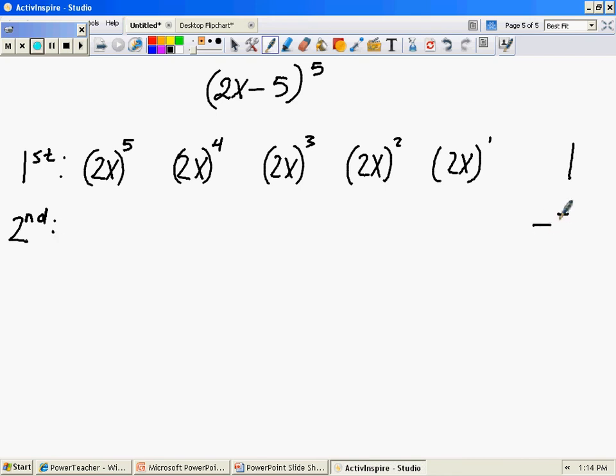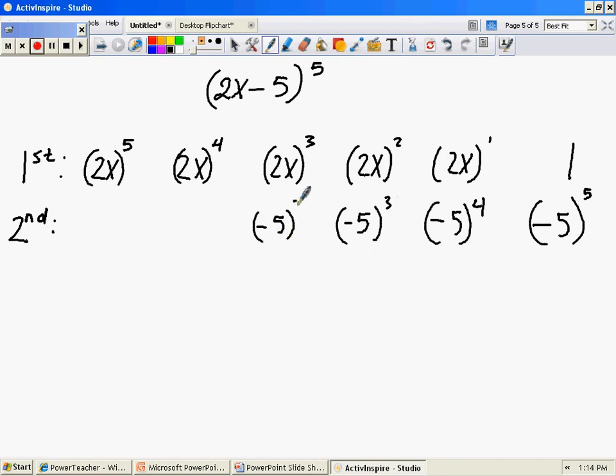So negative 5, and you're still going to start with the power of 5, but we're working backwards this time. So it's going to be negative 5 to the 4th, negative 5 to the 3rd, so on and so forth. And then negative 5 to the 0 is just going to be 1, so I'm just going to put a 1 there now.